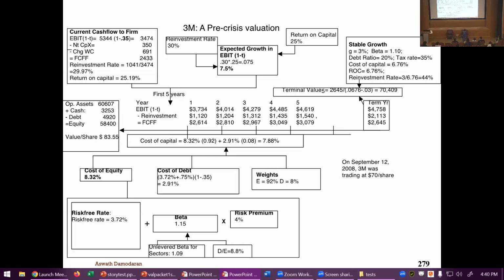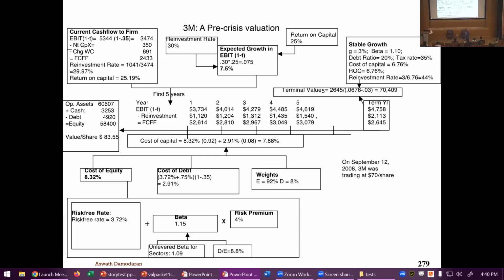This is a valuation I did on September 12th of 2008 in the morning. There's a reason I'm emphasizing the date. It's a Friday. I value the company. Market is in a little bit of turmoil. The value that I got per share was $83.55.